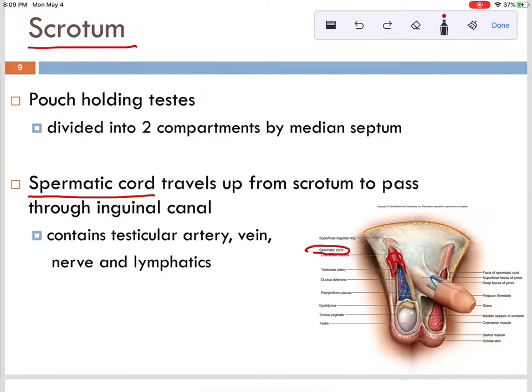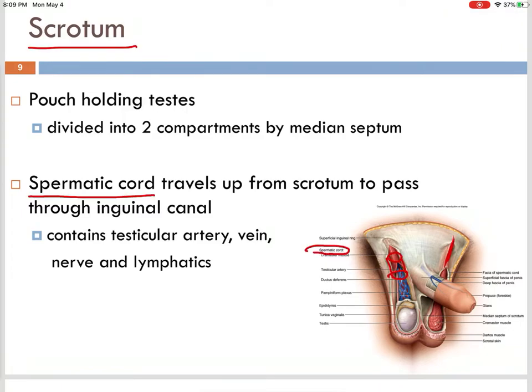So the spermatic cord is, you can see it's shown here. If I could draw three-dimensional, I would say it's what's inside this. I have really bad drawing skills. This takes me back. It's really bad.